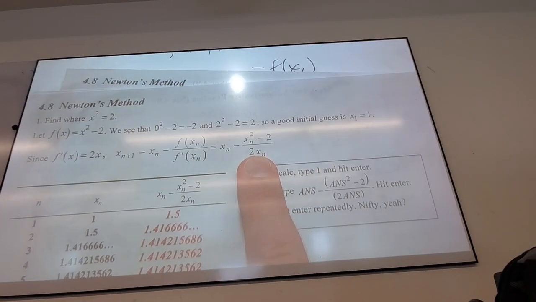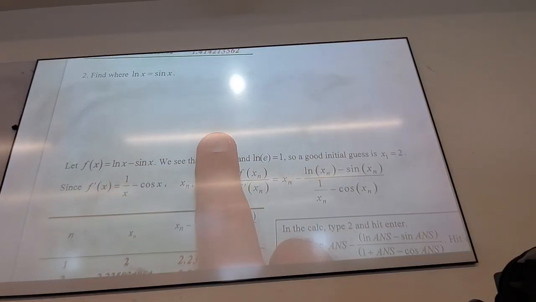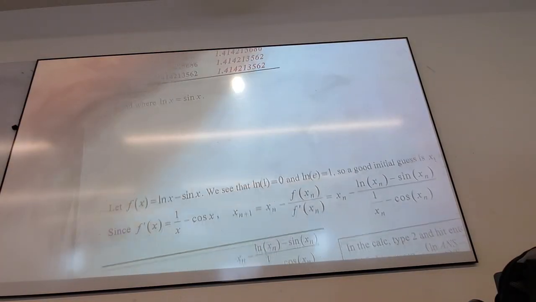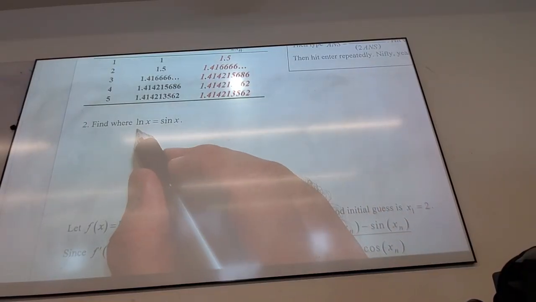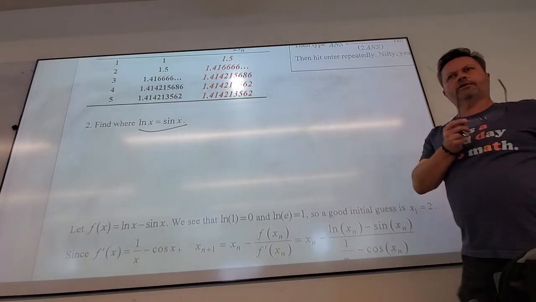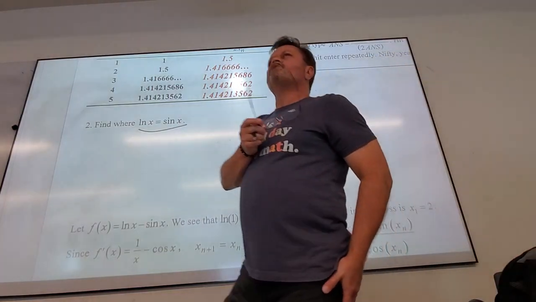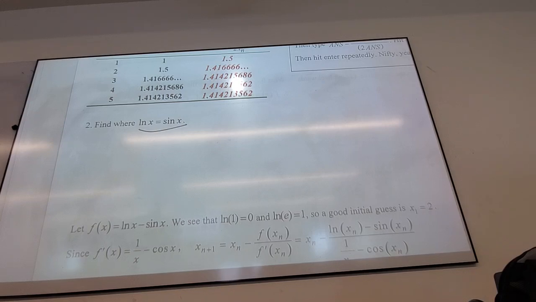So, here's an example. That's kind of a lame example. This is much more interesting. Do you see the problem we're trying to solve for number 2? We're trying to solve that equation. But what did I say Newton's method was for? It was finding the x-intercept of a function, correct?